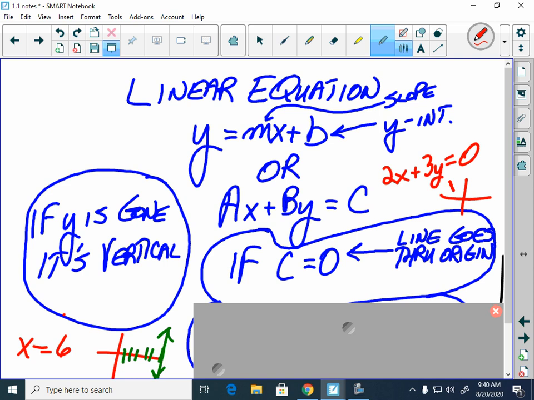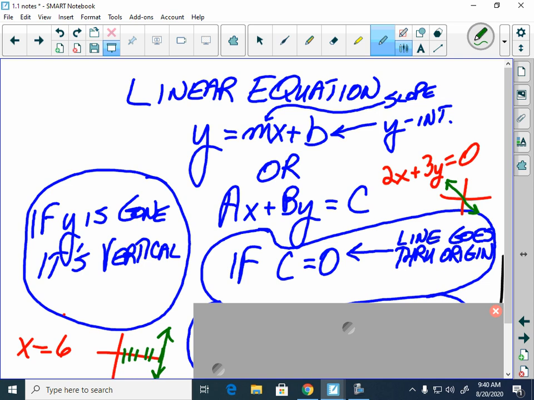Aw, dang it. It's so difficult with the Smart Slate. I want to change colors also. The line would look like that. It goes through the origin. Okay?